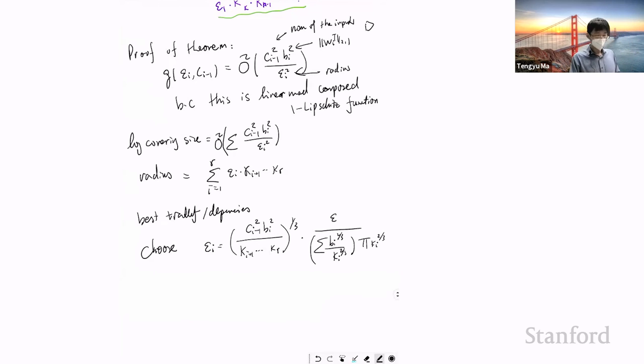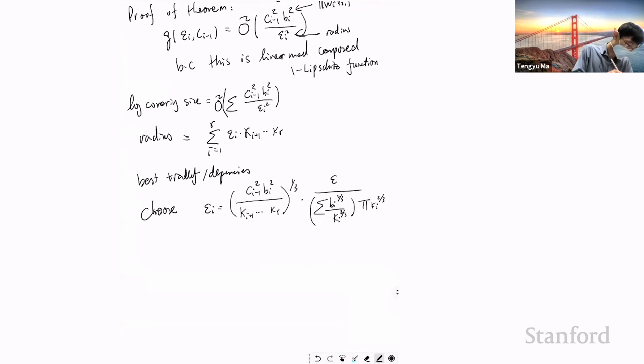Right. So if I choose epsilon i to be this, then I will claim that the sum of epsilon_i kappa_{i+1} up to kappa_r will indeed equal epsilon.